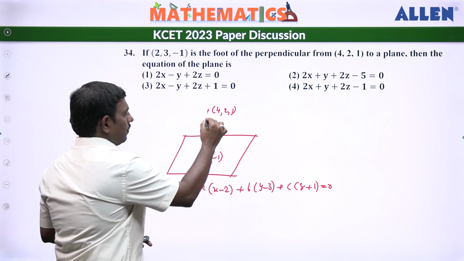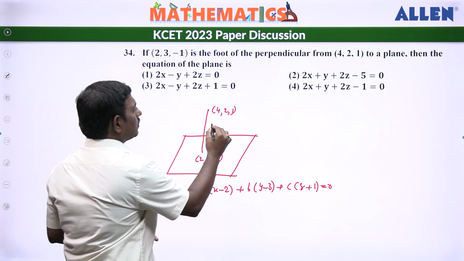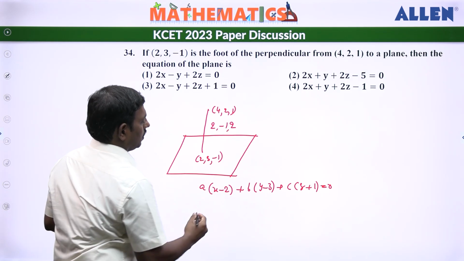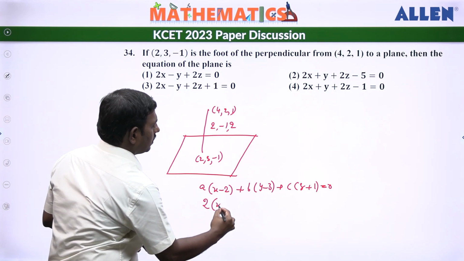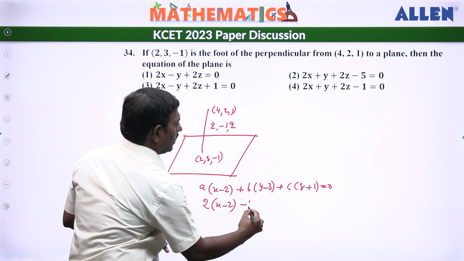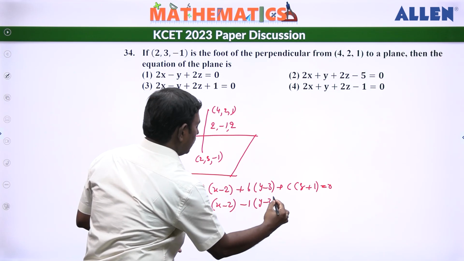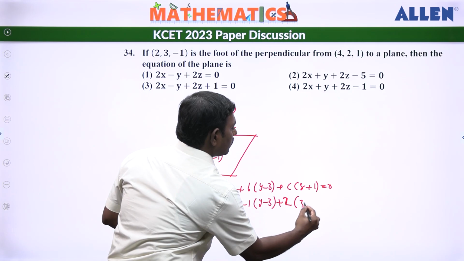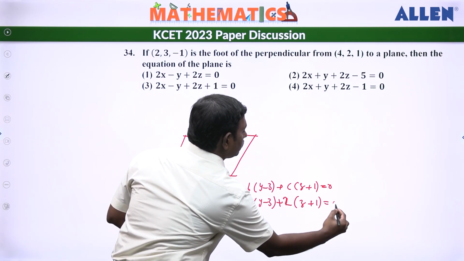Now find the DRs of the line, that is 2, minus 1, 2. So now it is 2 times (x minus 2) minus 1 times (y minus 3) plus 2 times (z plus 1) is equal to 0.